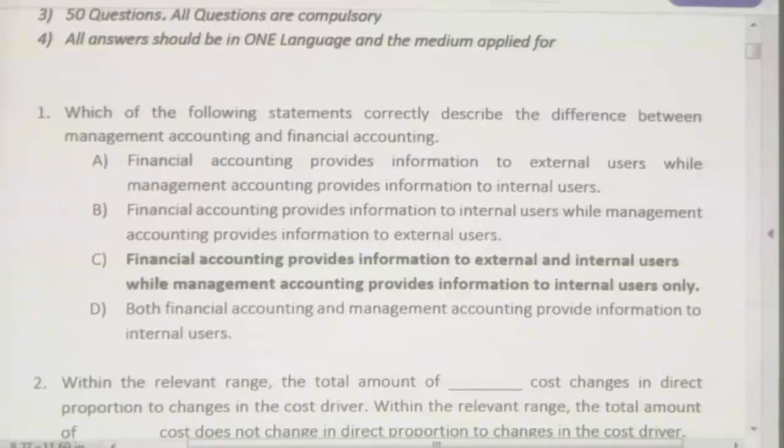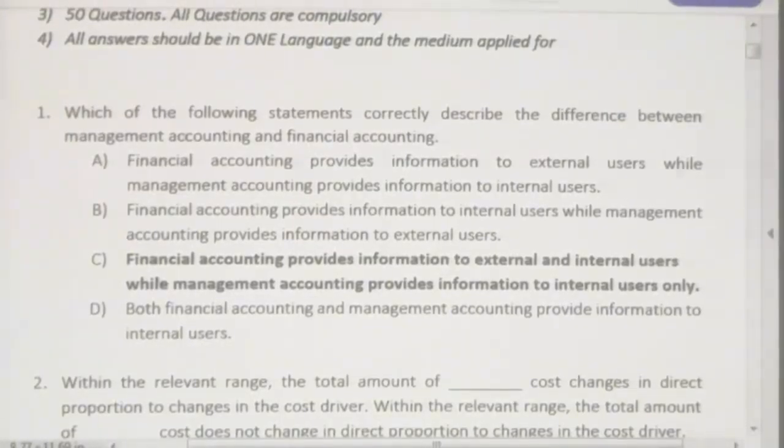Therefore, management accountants need to take decisions going forward. They have to use both past and future data. That is the basic difference. Management accounting is referred to by management at the top level of the organization, but financial accounting is referred to by all the users, including investors, lenders and creditors.